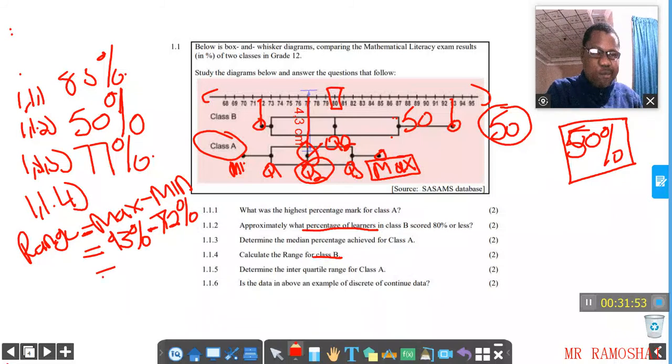Therefore now how much is the difference here? I think the answer here is going to be 93 minus 72, I think. Yeah. So the answer here we get 21, right? 21.